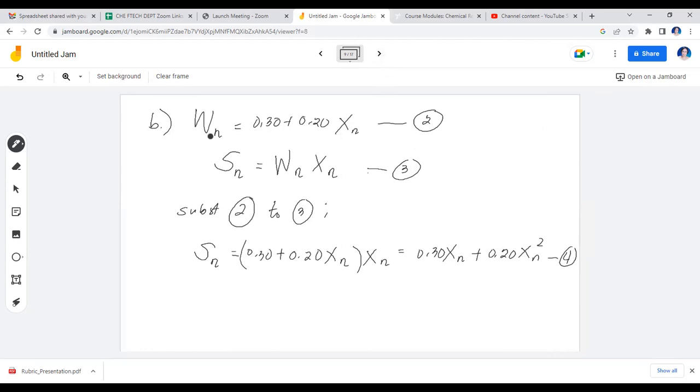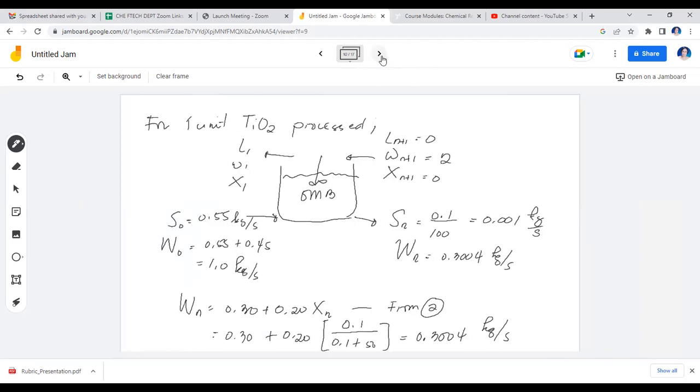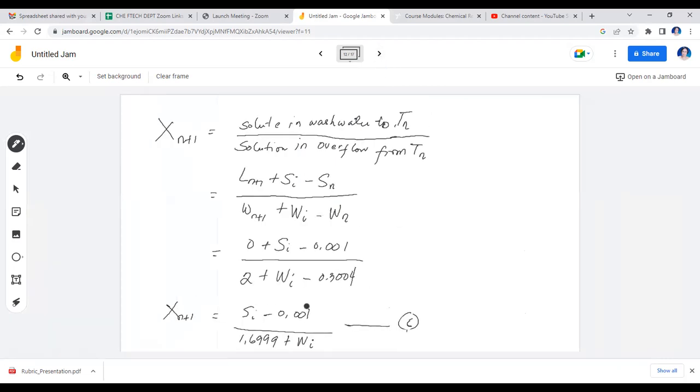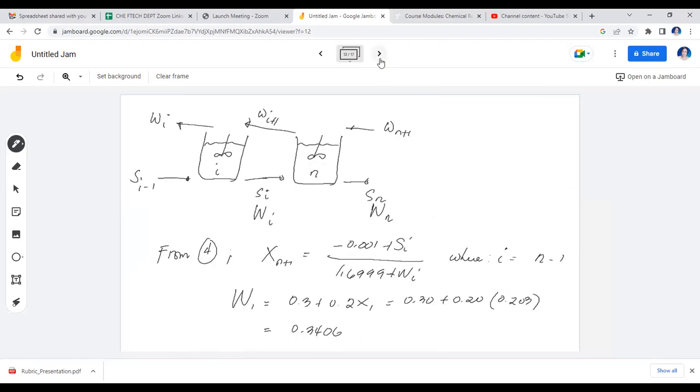You can do away with this and this if you have this one already. If you know W and X, you can go straight. 7. So always start with the overall material balance. It will guide you with the X sub N or the Y sub N. 8. You always start with the first thickener concentration. 9. An equation that will lead you to solving the rest of the concentrations in the overflow. 10.